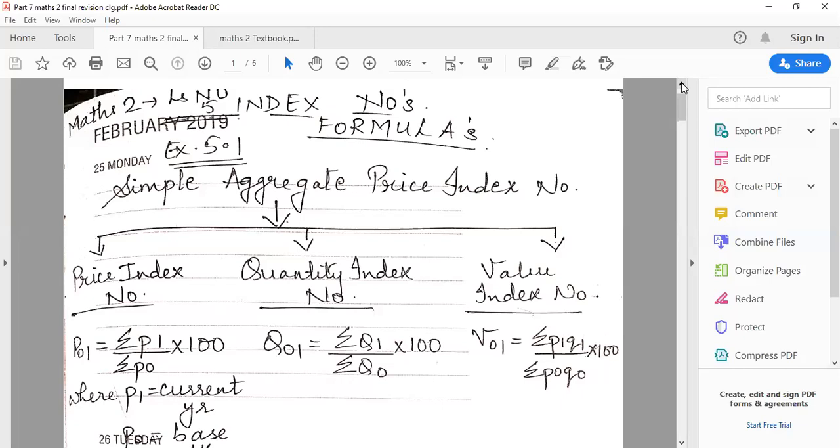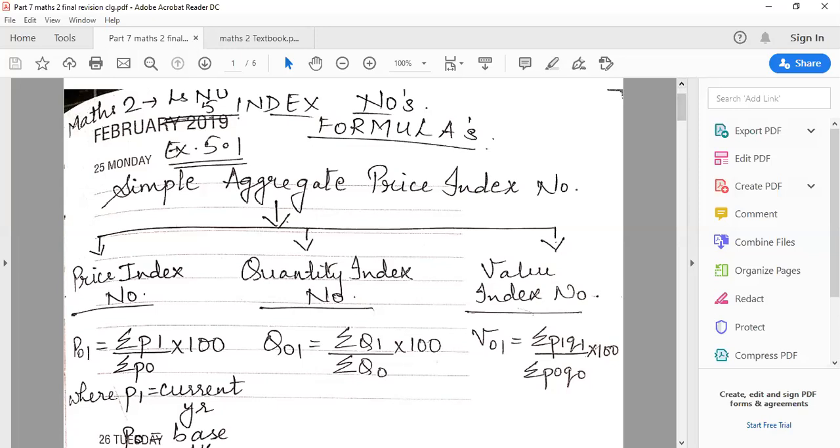So it's been a week since we started our online lectures, and throughout this week, we saw lesson number 5, index numbers. Today, I'm sending you all a quick revision of all the three exercises in a very short manner, so that those who are not following the videos, those who have just logged in today or 2 days back, will understand what was included in the lesson, index numbers.